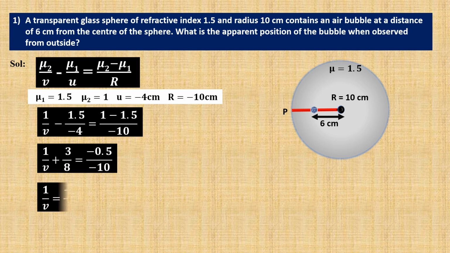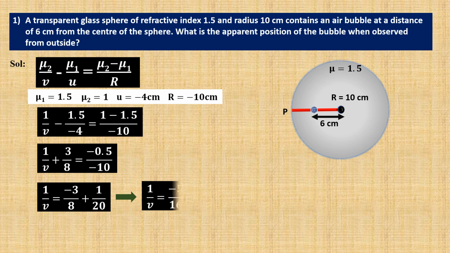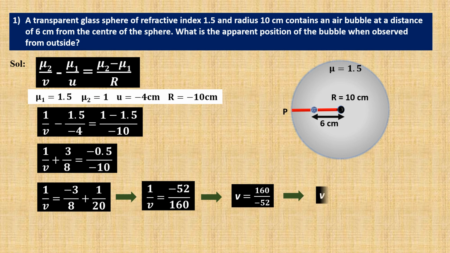On further simplification, we get 1 by V is equal to minus 3 by 8 plus 1 by 20. This will give 1 by V is equal to minus 52 by 160. Finally, V is equal to 160 divided by minus 52. So we get V is equal to minus 3 centimeters.